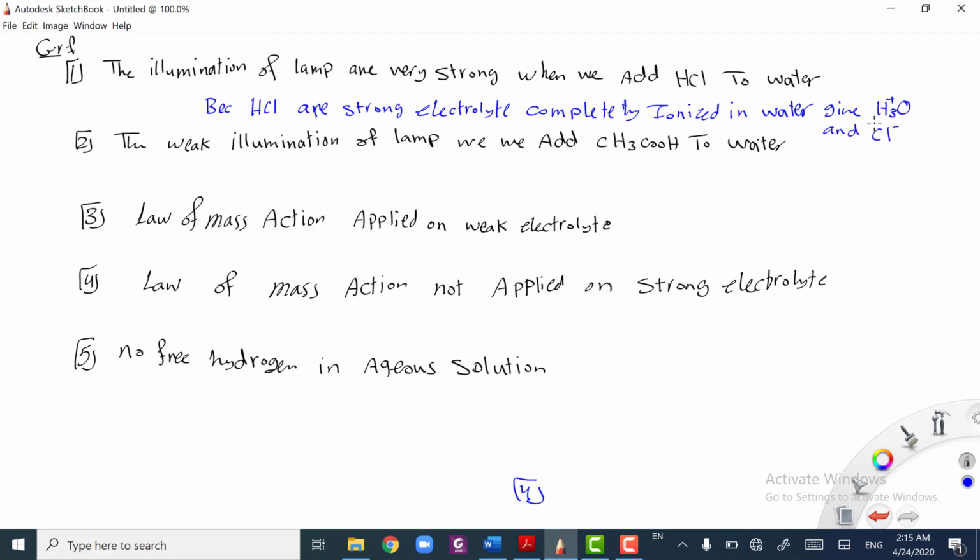The weak illumination is due to dissociation of a small percentage of acetic acid molecules to ions.